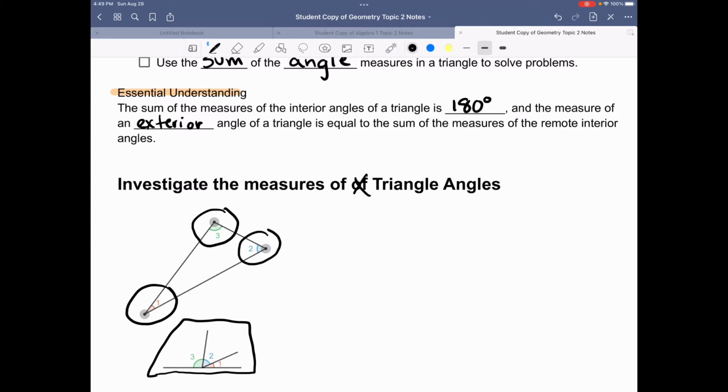So right now we're going to pause the video, and you are going to get 3 triangles. You're going to color each angle a different color and label them 1, 2, and 3. And then you're going to glue them in your notes over here. So you'll have angle pieces like this in different colors.